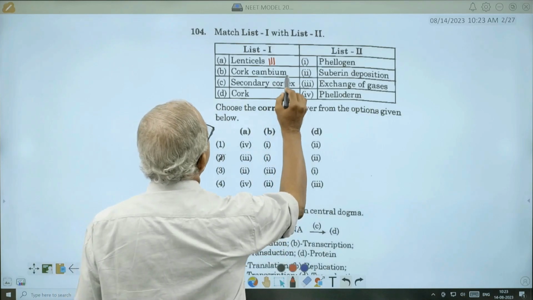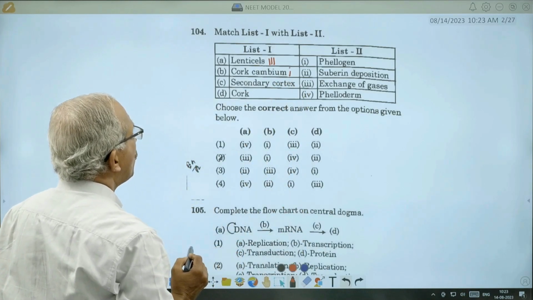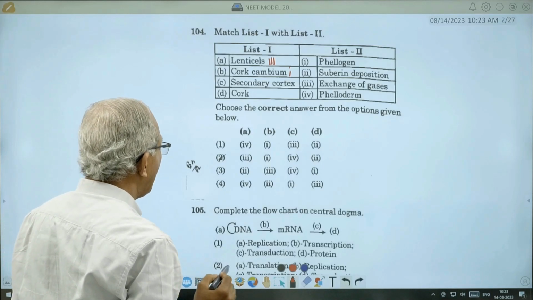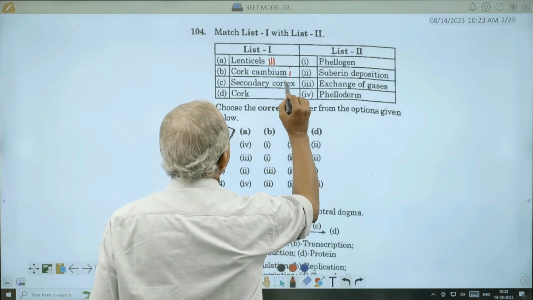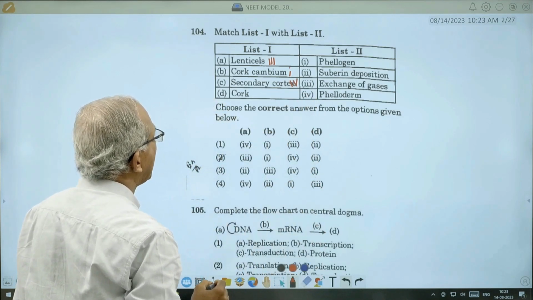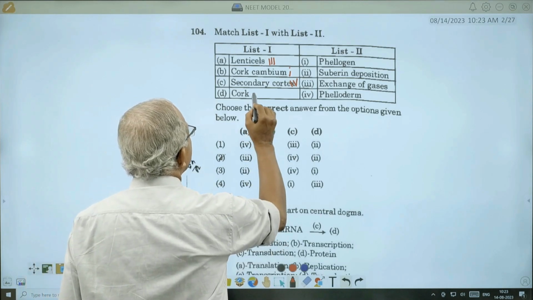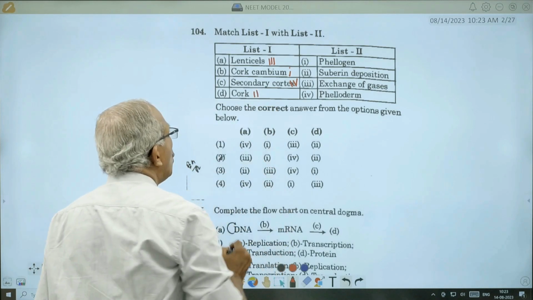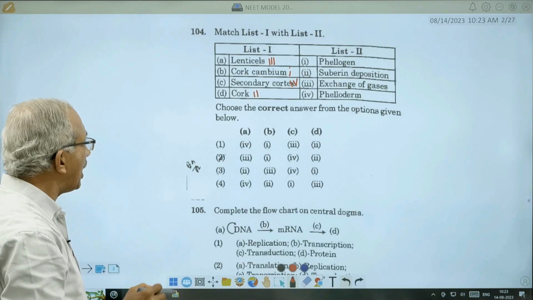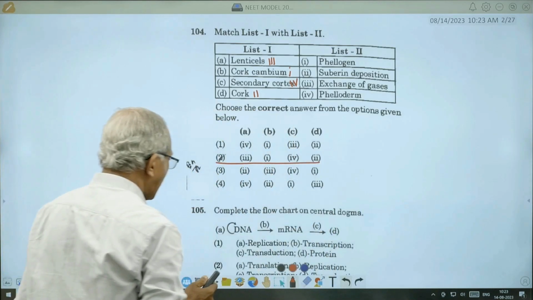Cork cambium can be matched with 1 because phellogen is the other name of cork cambium. Secondary cortex can be matched with 4 because the other name is phelloderm. Cork is matched with 2 because cork cells have suberin deposition. Answer is 2.